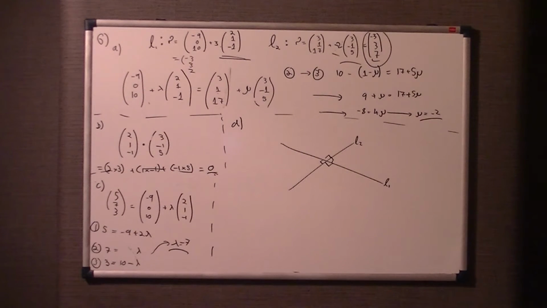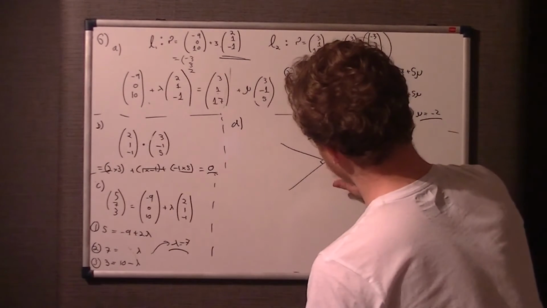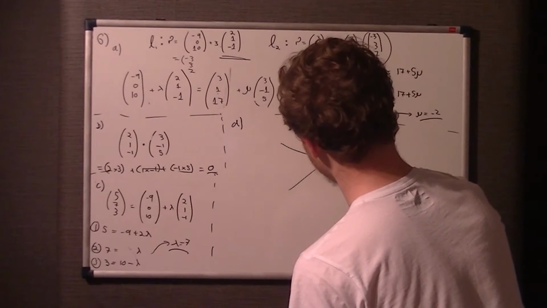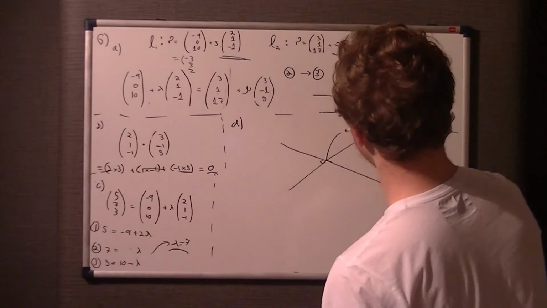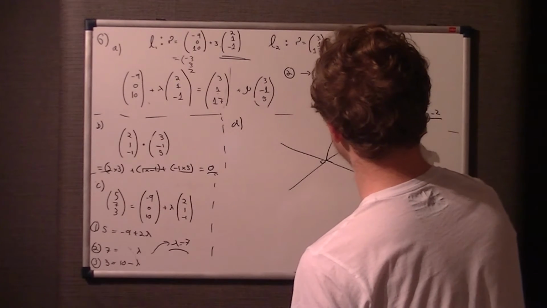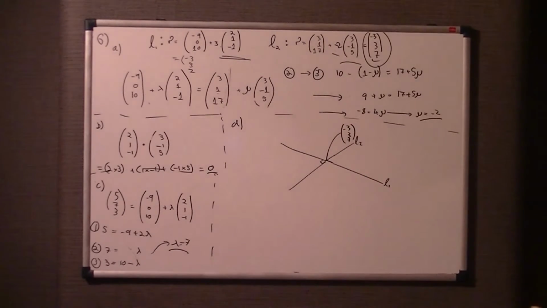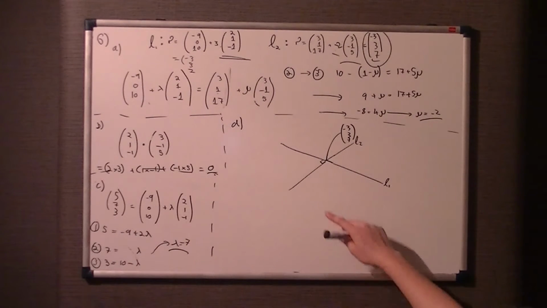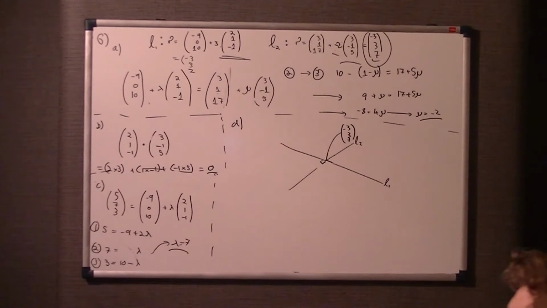Basically, these lines intersect at this point here, and we're going to label this point, which was minus 3, 3, 7. Let's break that down: point B is the image of point A in the reflection line L2. This is the reflection line L2, and B is the image of A after the reflection.